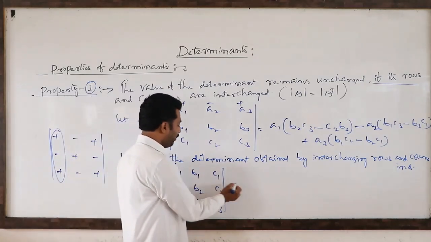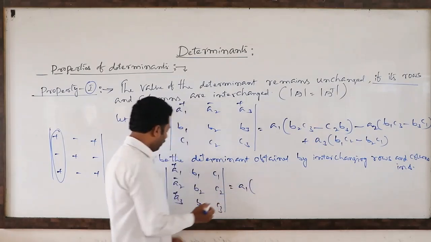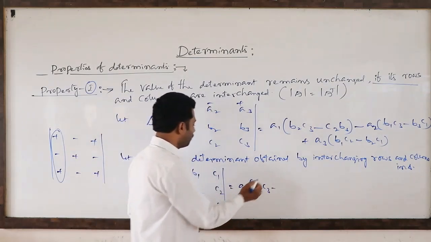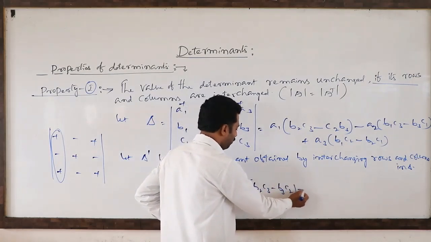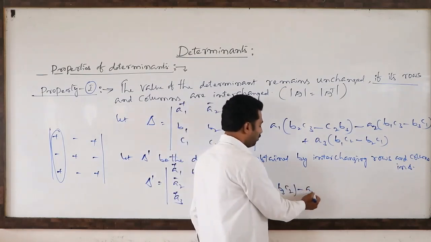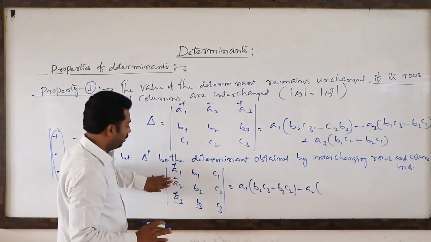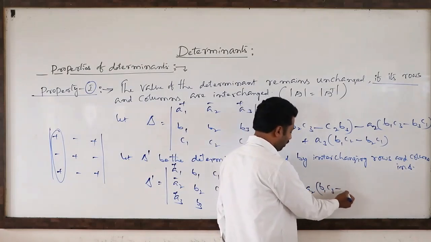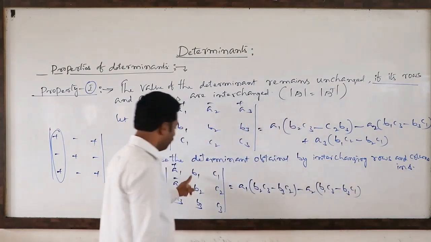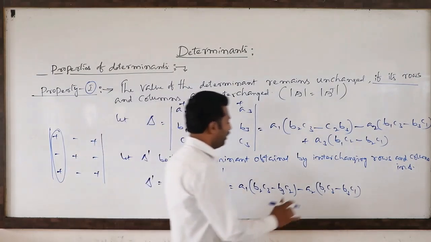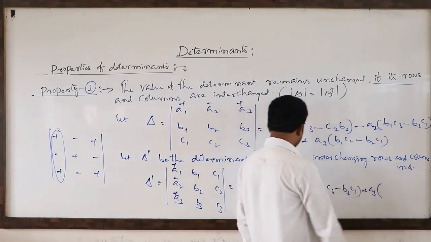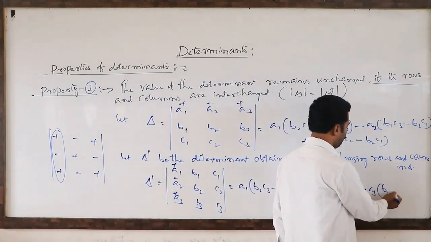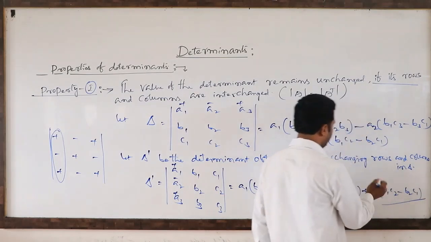Along the first column, clearly A1 into, you close this column and this row, B2 C3 minus B3 C2, minus A2 into B1 C3 minus B3 C1, plus A3 into, you close the third row, first column, B1 C2 minus B2 C1.